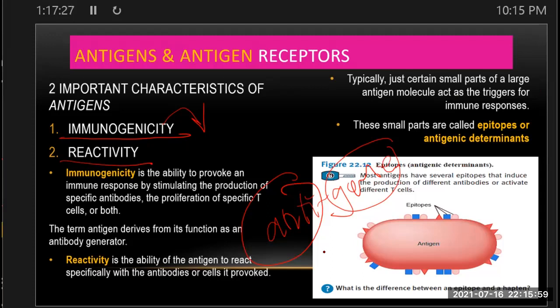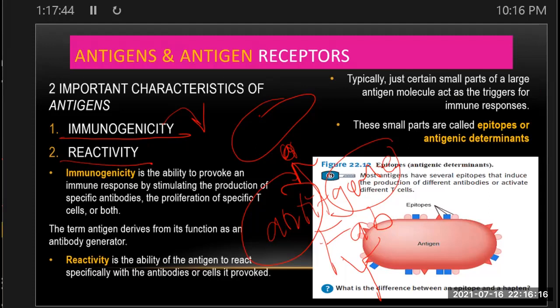Why? Because the Fab, the antigen binding fragment of your antibody, will only bind to the specific epitope of an antigen. Typically, just certain small parts of large antigen molecules act as triggers for immune responses. It is not the entire antigen that will become immunogenic to our immune system.